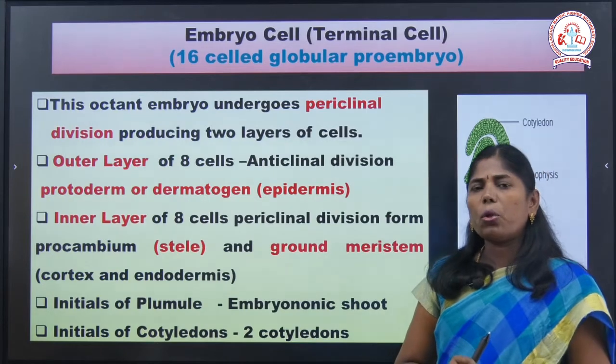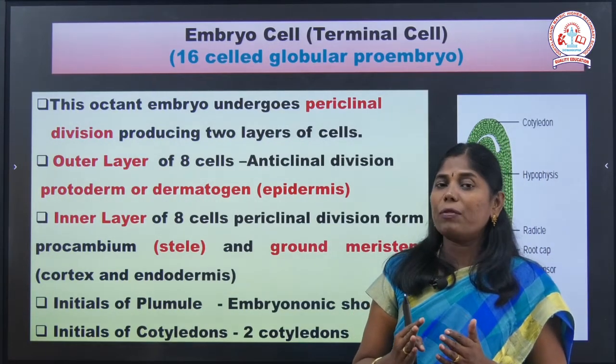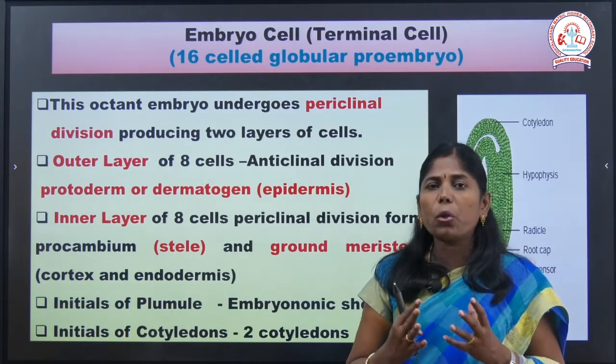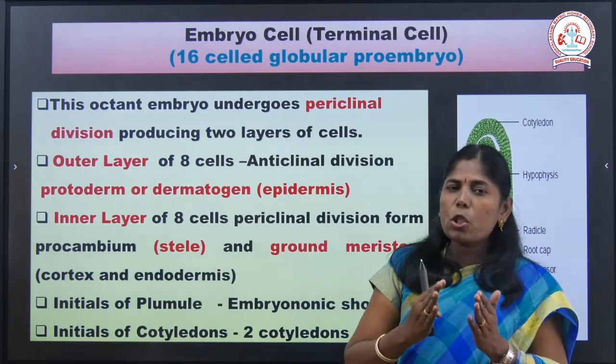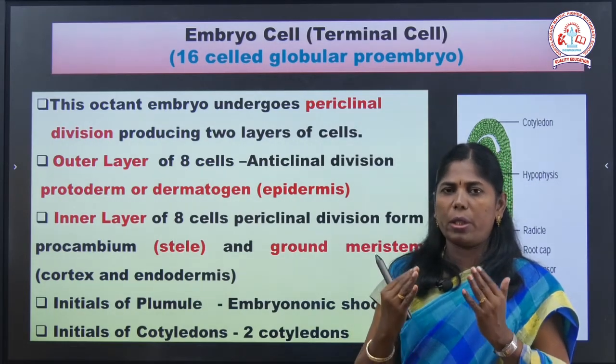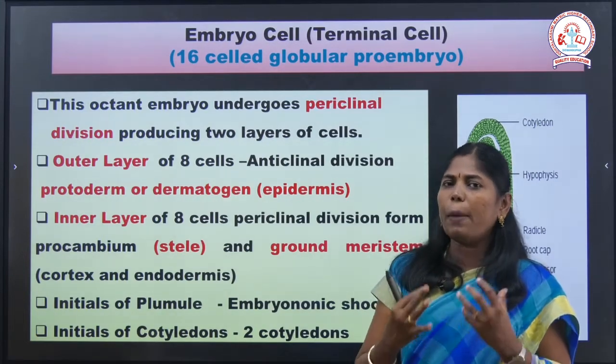So what is the meaning of the periderm? Dermal means epidermis. So what is the meaning of the protoderm? It is the matured cells. Actually, the outermost layer in the initial stage of a stem is green in color, and that is known as the epidermis.